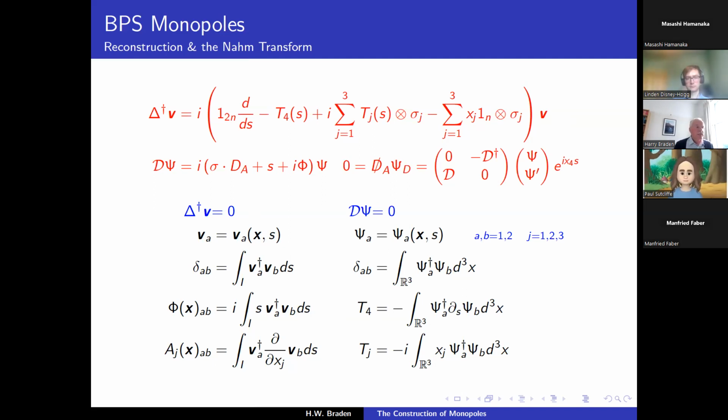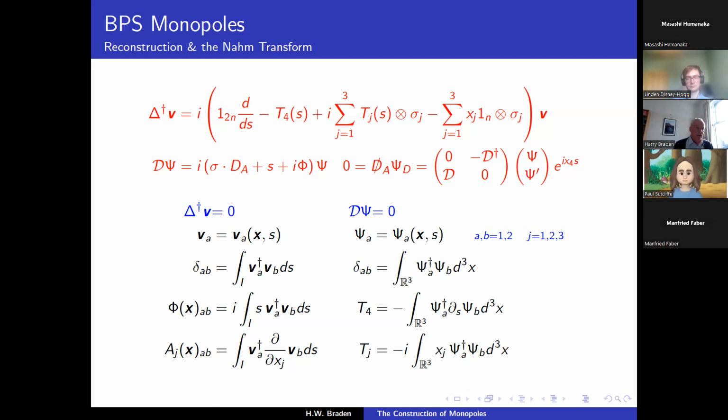I'm doing this for a general interval because this construction works for monopoles other than just the SU(2) monopoles we're talking about. We normalize, we get the normalized solutions, and then we can write down the analog of V†dV, the gauge and the Higgs field.